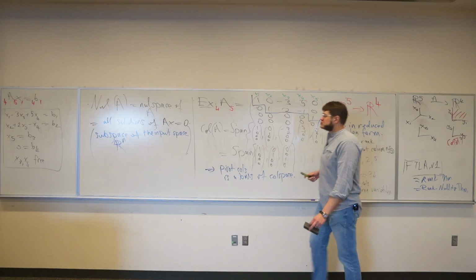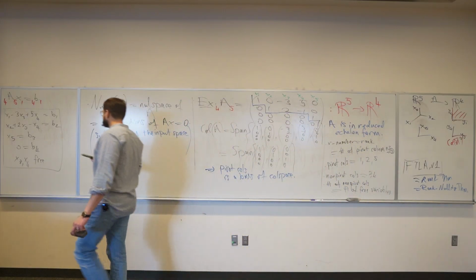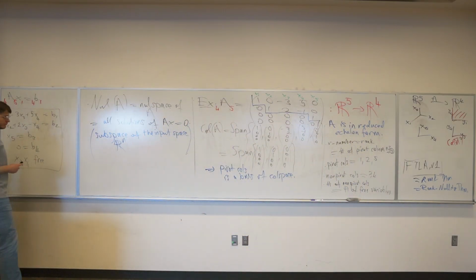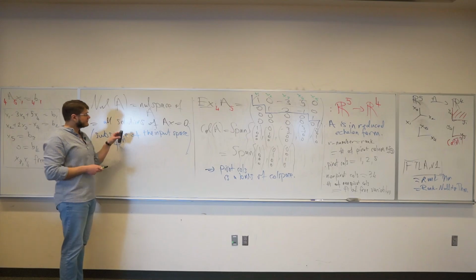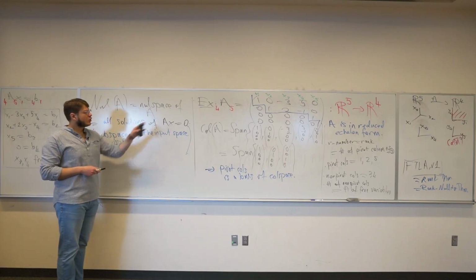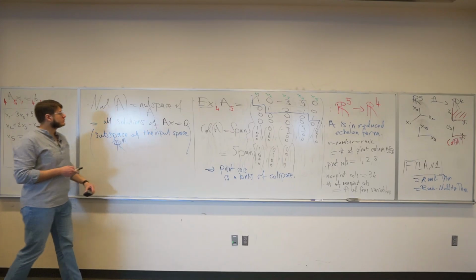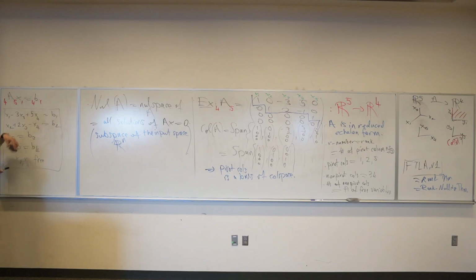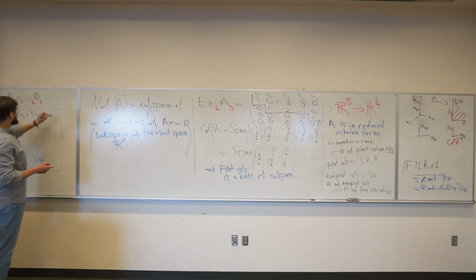Now let's switch to the null space. Null space is by definition the collection of all solutions of Ax equals 0. So you see this time I'm going to fix B to be the 0 vector. So all of these are going to be 0. B4 is already 0.